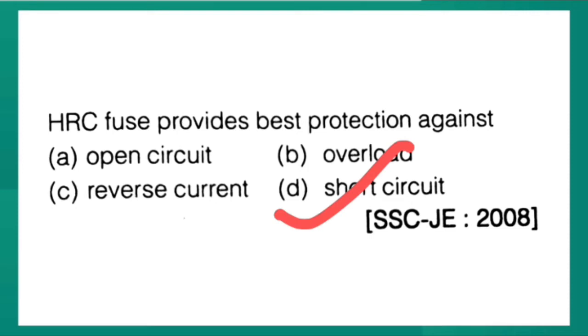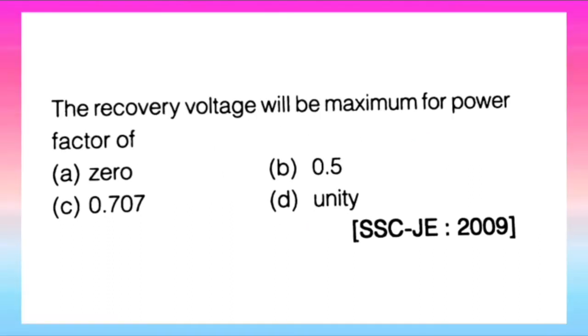Next question is: the recovery voltage will be maximum for power factor of, and options are 0, 0.5, 0.707 and unity. Correct answer is A, 0. Recovery voltage is the voltage appearing across the breaker poles when the arc is extinguished.